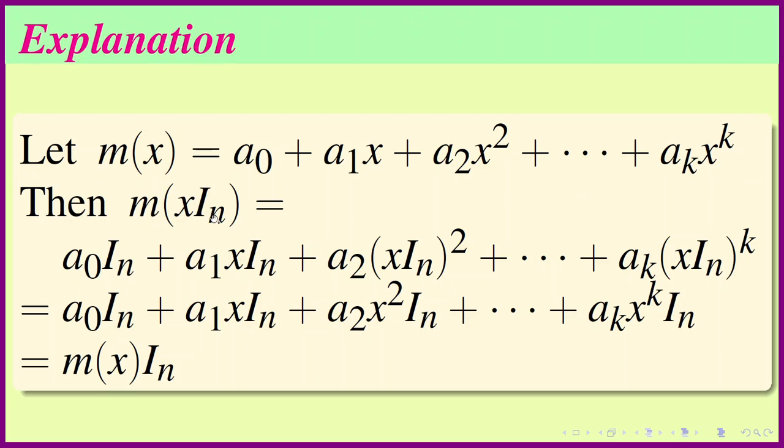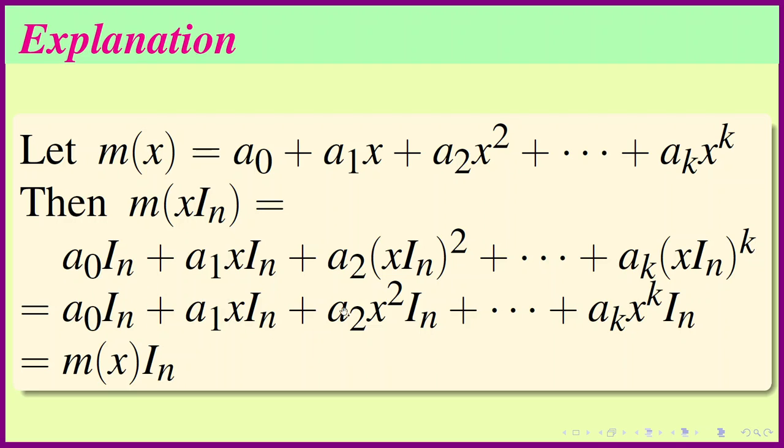Then M(XIn), replacing x by XIn, a0 will become a0 In, there is no x there, a1x will become a1 XIn, a2x squared will become a2 (XIn) squared, and x to the power k means (XIn) to the power k.